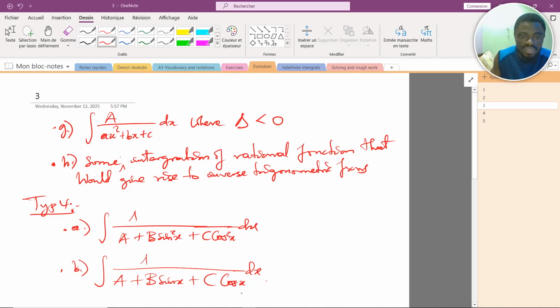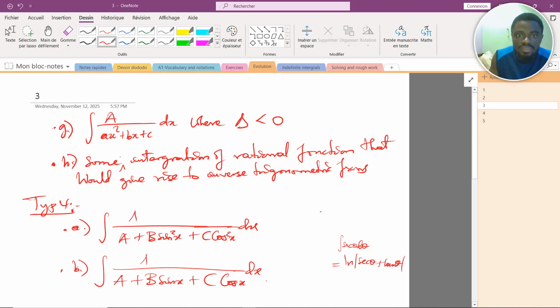So it is at this level that I'm going to show you, because at the beginning I just gave you the formula. I said that the integral of sec theta, if you remember well, was equal to what? Ln of sec theta plus tan theta. We shall prove all this.